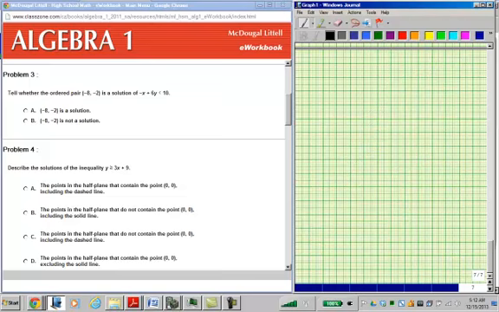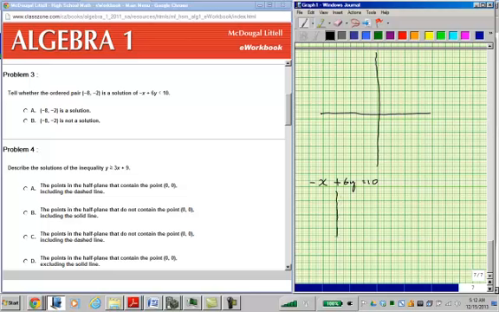Now let's graph it. We'll draw our graph. We make our points by turning the sentence into an equation, just for the sake of making 2 points.